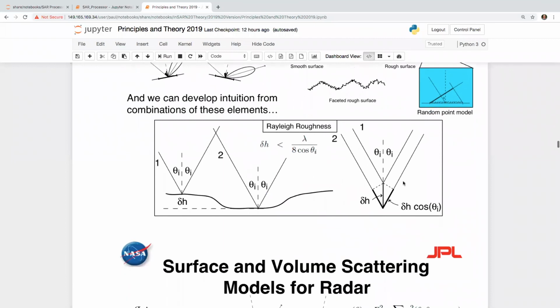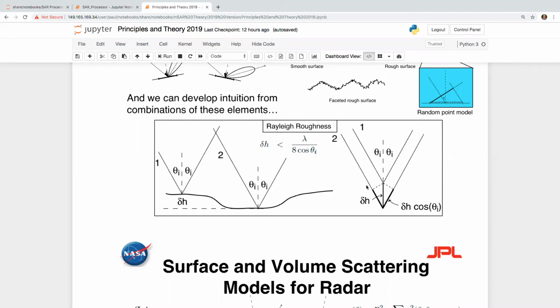So one question is, how rough is a rough surface? One way to calculate that is the so-called Rayleigh roughness. If you have a surface with two different heights right next to each other, and the wave comes in at some angle like that, then if the phase of this signal relative to that signal is roughly the same within a quarter wavelength or so, you'll say it's approximately the same surface.